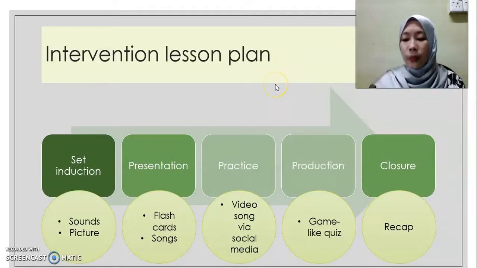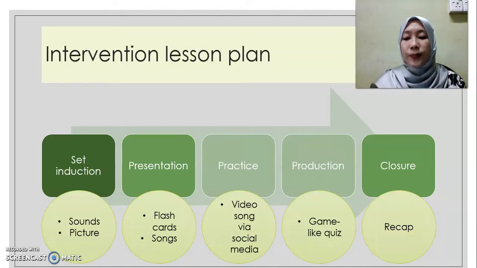The intervention lesson is actually flexible. Teachers could utilize their own lesson plan according to the pupils' needs, the availability of the gadgets, and also their accessibility to internet.